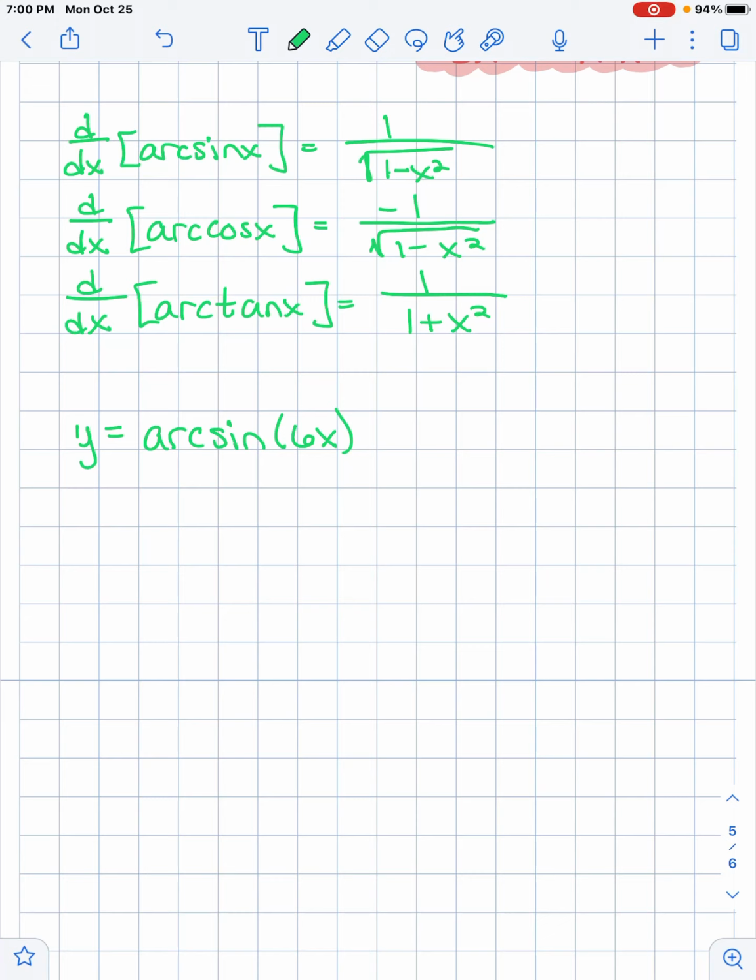So what I'd like you to do is actually take a moment, think about what you believe the derivative might be, and for this first one, I would like you to rewrite it and do this the long way. Don't use the shortcuts we found. Actually do this one the long way. And see what you come up with. Pause this. Go do it.